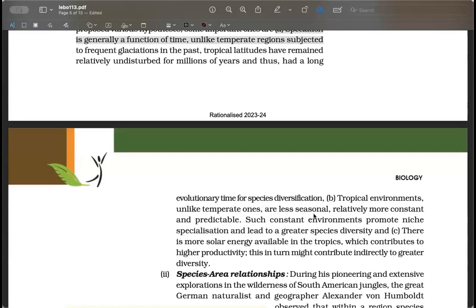So the environment is less seasonal and more constant and predictable. You can predict tropical environments more than temperate environments. And this is very important for speciation. So this is the second reason. Make sense?